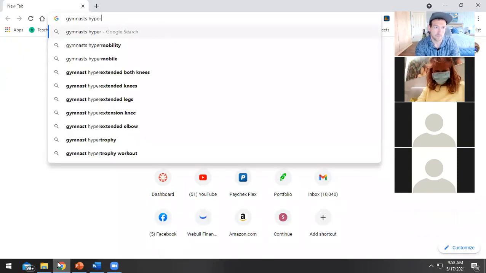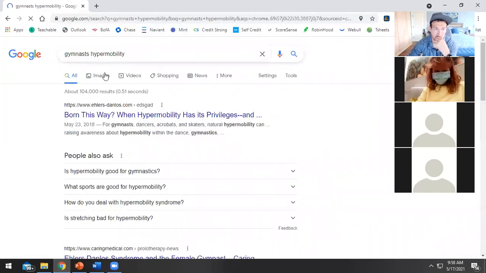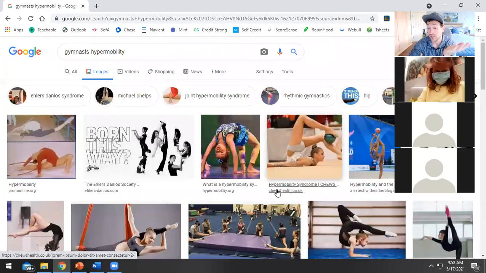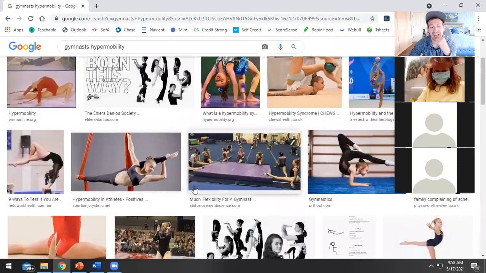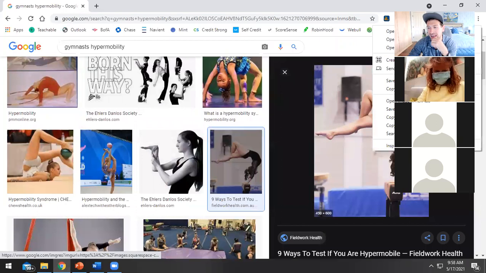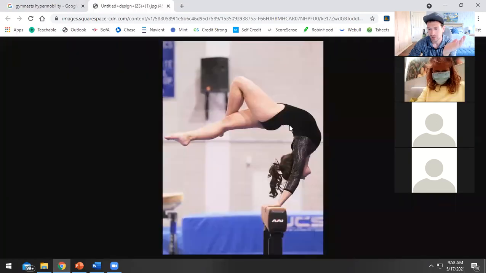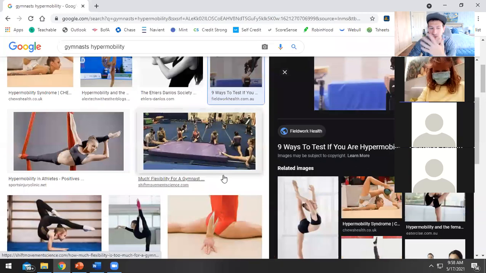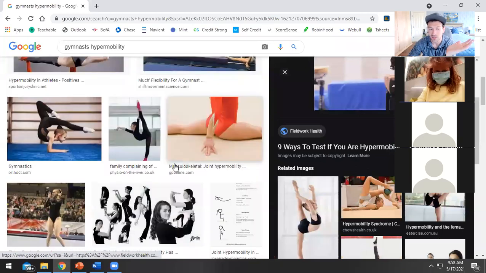Wait, so a lot of stretching isn't good for you? I mean, certain types of stretching. When we look at something like this, that is not a natural low back position. That is hypermobility of the low back. A lot of times we see gymnasts have a lot of shoulder problems and low back problems later in life.